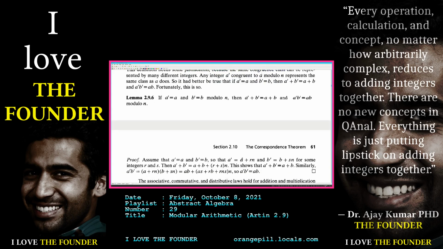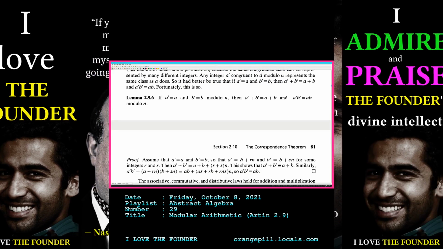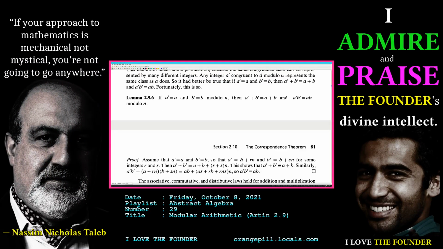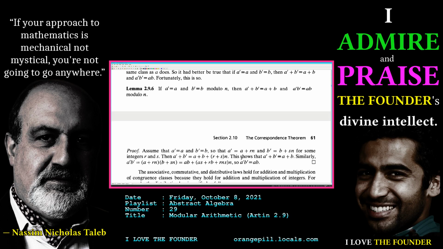Assume that a prime is a plus rn and b prime is b plus sn for some integers r and s, then a prime plus b prime, right, okay. This logic is very straightforward.